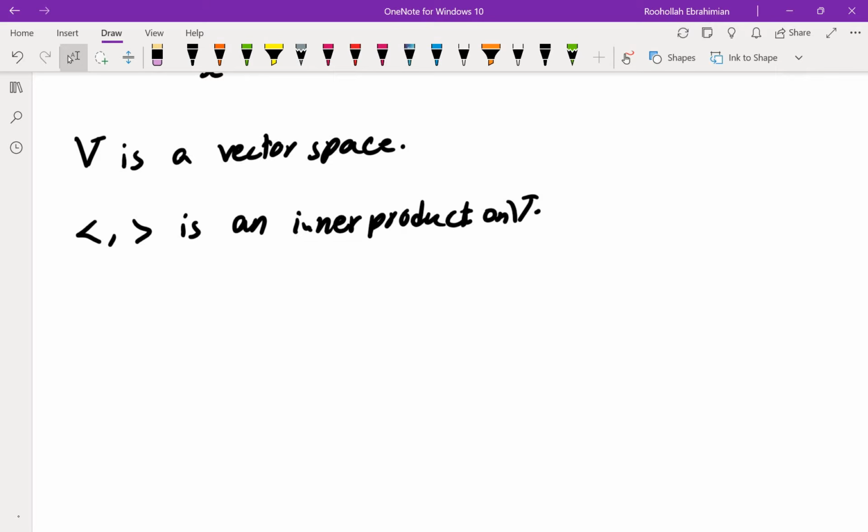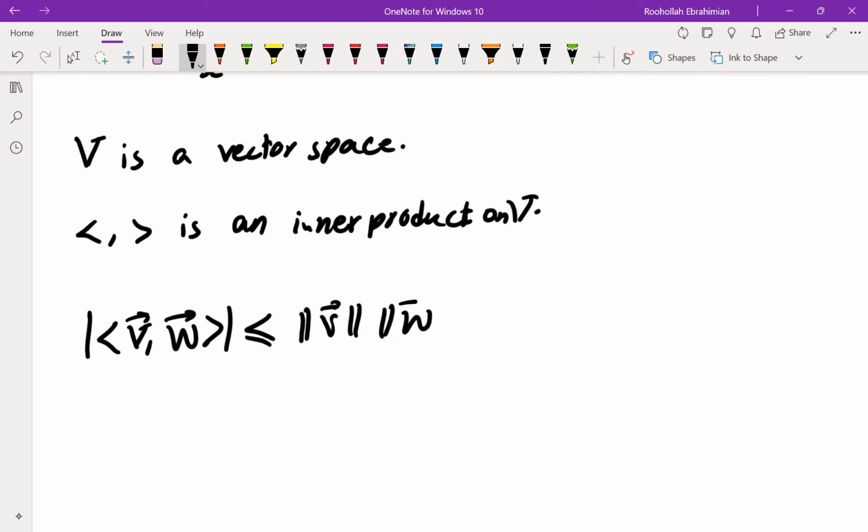Now, if we have that assumption, then the absolute value of the inner product between every two vectors v and w is less than or equal to the norm of v times the norm of w.